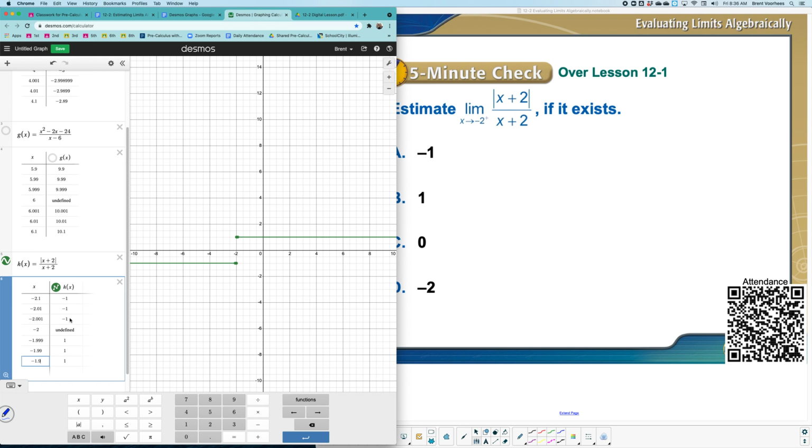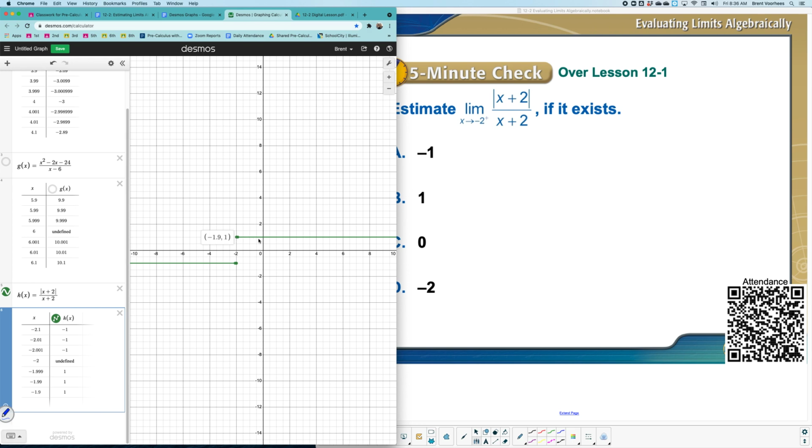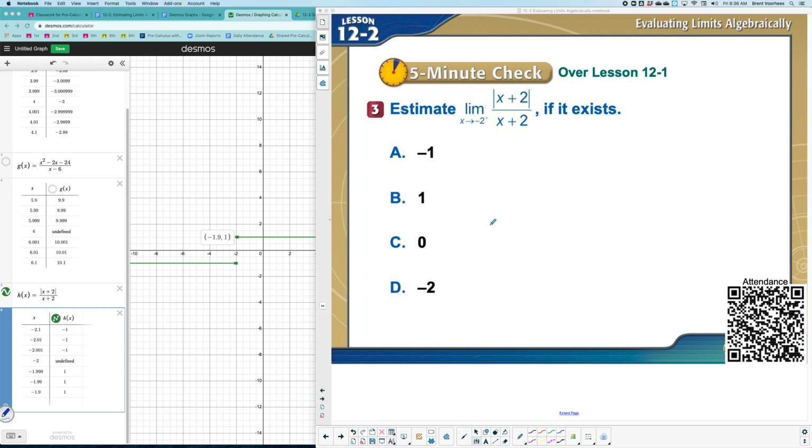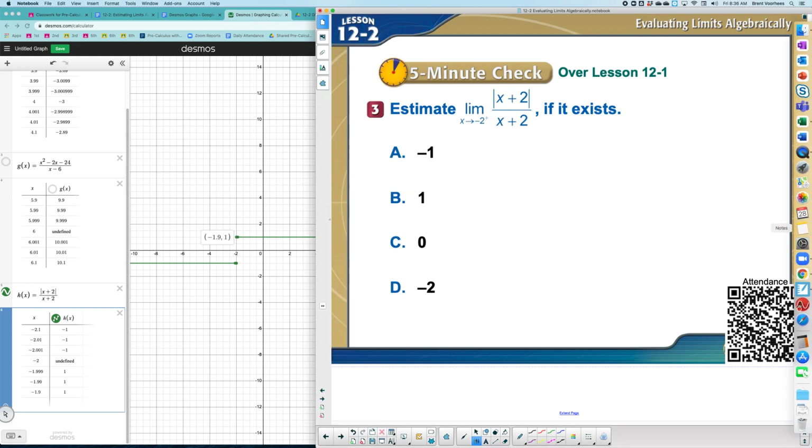It doesn't seem to be defined at -2. The function itself is not defined at -2. However, its limit does exist on the right side. The right side limit would be the value y equals 1. As we come from the right to the left, the y value is approaching +1.